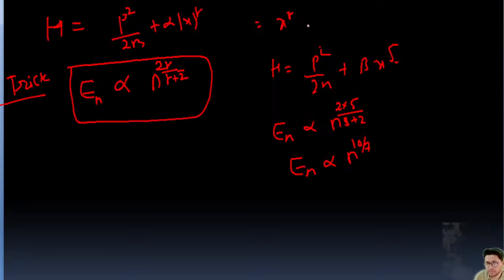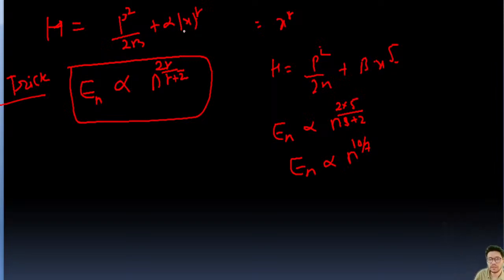So if there is any power of x in the potential energy, and there is no other term, there may be any constant, that doesn't matter.